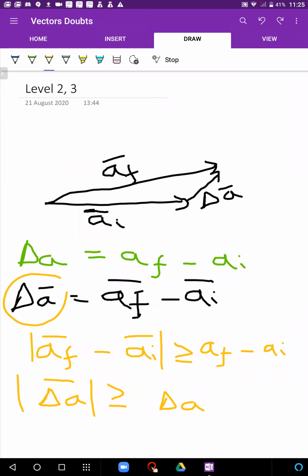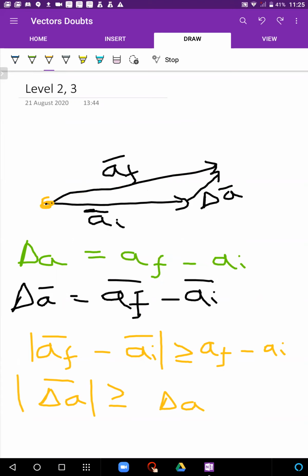And then delta A bar. So delta is always final minus initial. We saw this with velocity as well. Delta velocity is final velocity minus initial velocity. Delta A bar, your change in A, is A final minus A initial. What is that in this diagram? So these are two vectors, A final, A initial, already joined tail to tail.